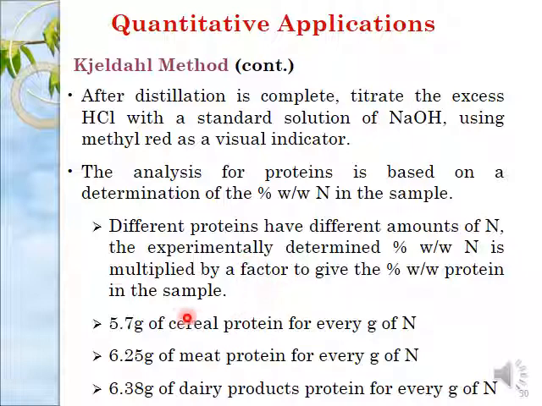So if your sample is from a cereal source, then we have to multiply 5.7 gram for every gram of nitrogen in the sample. And if the source of the protein is from meat, then this is the factor. And if from dairy product, this value 6.38 is the factor.